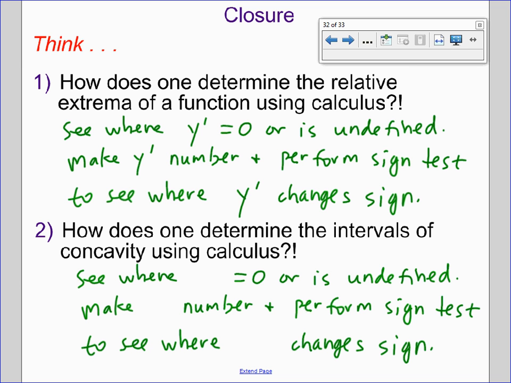Those will give us our x values for possible points of inflection. And then we'll make a y double prime number line, perform a sign test, and see where y double prime changes sign. And the sign, we don't have to see where it changes sign, we just need to see what the sign is. Absolutely. Great work, you guys.